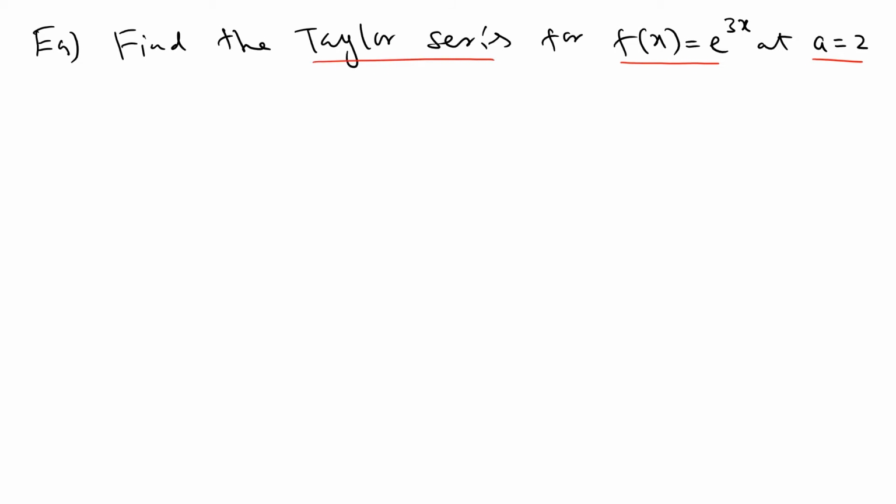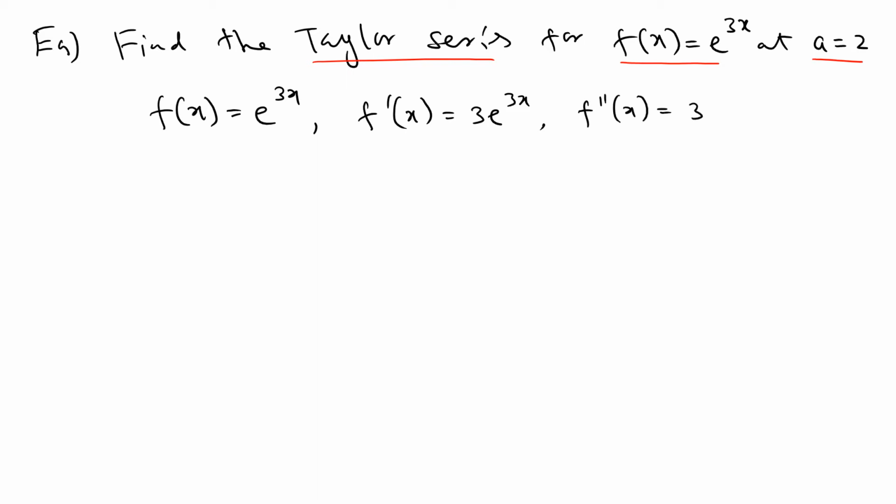What we can do is look at several derivatives. We're going to start with f(x), which is e to the 3x, and then evaluate a few derivatives. The first derivative is 3e to the 3x, and the second derivative, we take one more 3, so it's 3 squared e to the 3x.